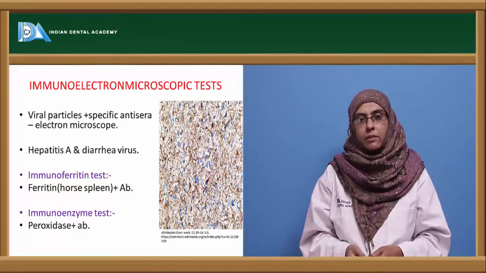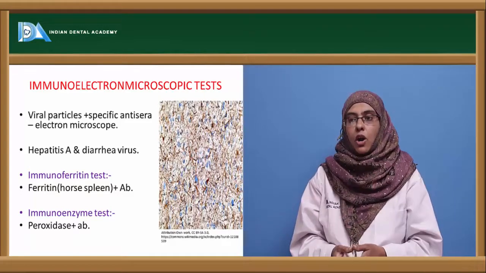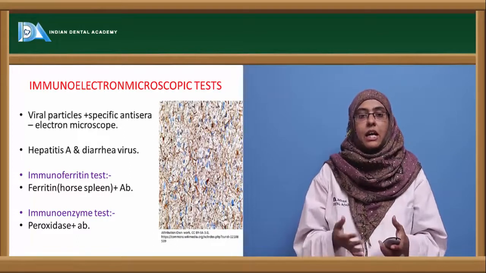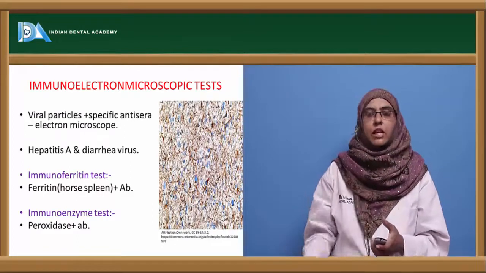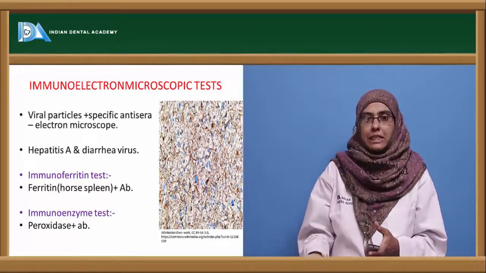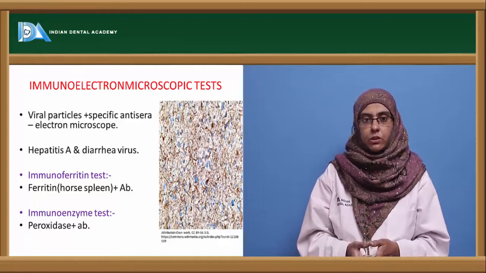And apart from that, you can go for the immunoferritin test, where the ferritin, which is a highly electron dense material used in the electron microscopy, is conjugated to the antibody, mixed with the test serum or the test antigen and seen under the electron microscopy.